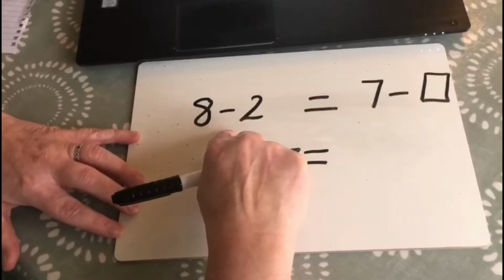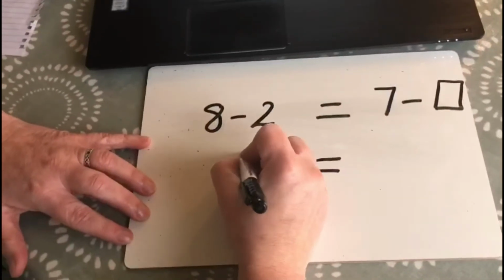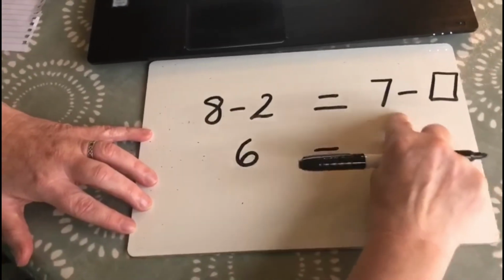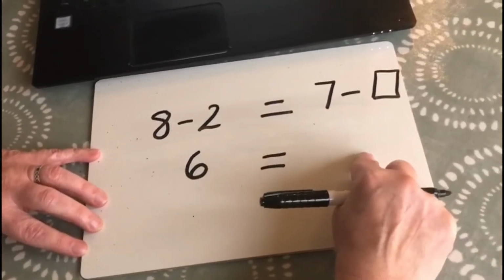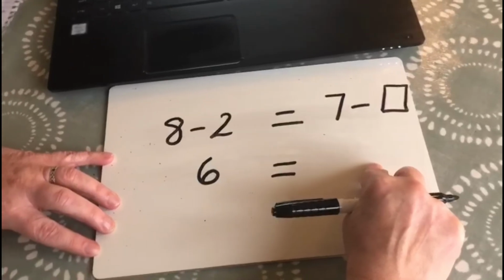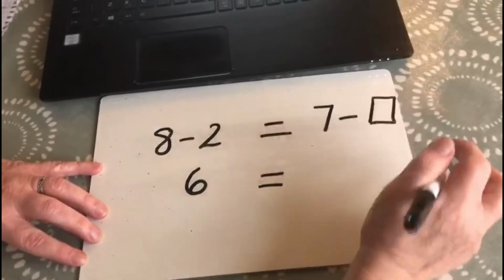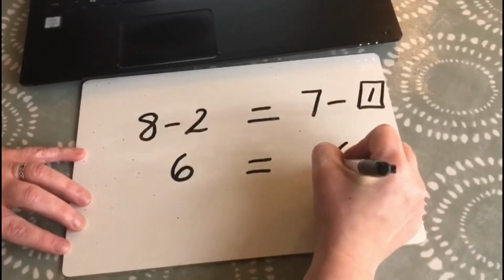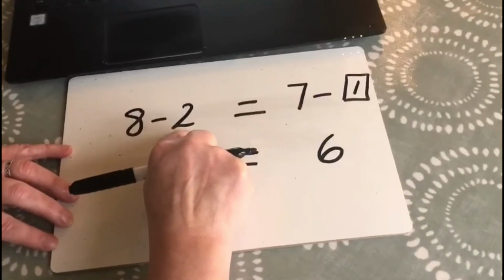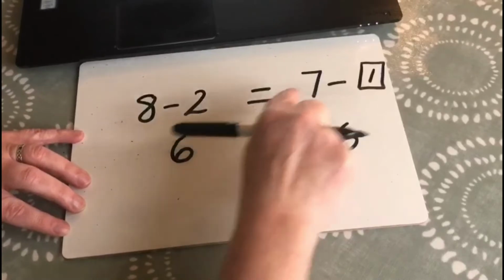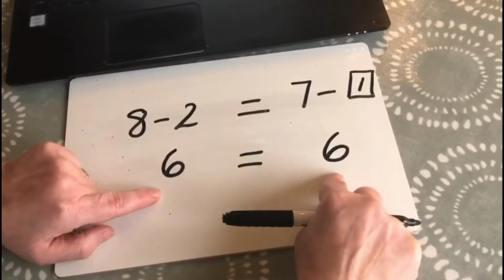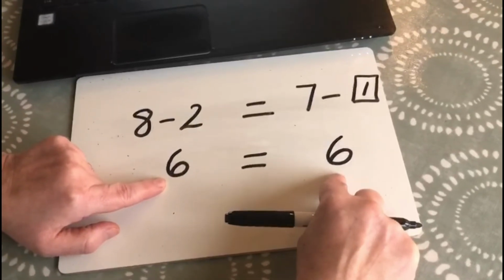So 8 take away 2 equals 6. So I need to make sure that the number sentence on this side also makes 6. And I know that 7 take away 1 will make 6. So 8 take away 2 is equal to 7 take away 1 because they both make 6.